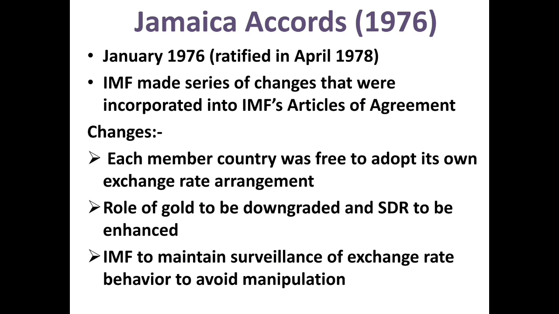The role of gold was to be downgraded, the importance of the SDR, the special drawing right of the IMF, was to be enhanced, and the IMF was to maintain surveillance of exchange rate behavior to avoid any manipulation by member countries. In fact, the Jamaica Accords paved the way to the present-era monetary system.